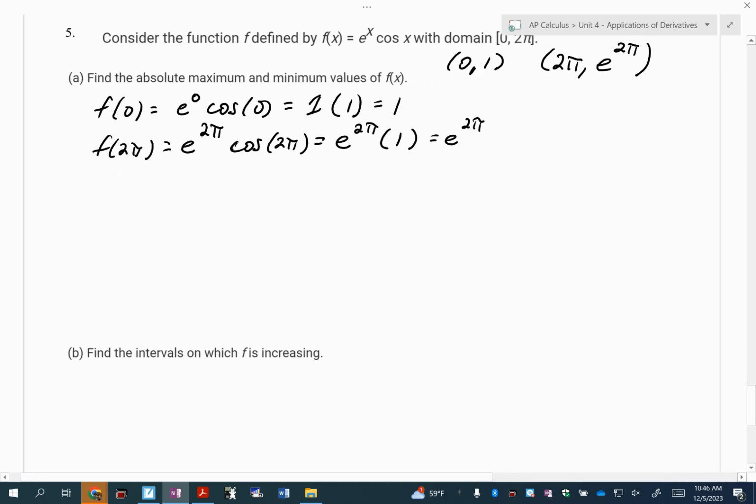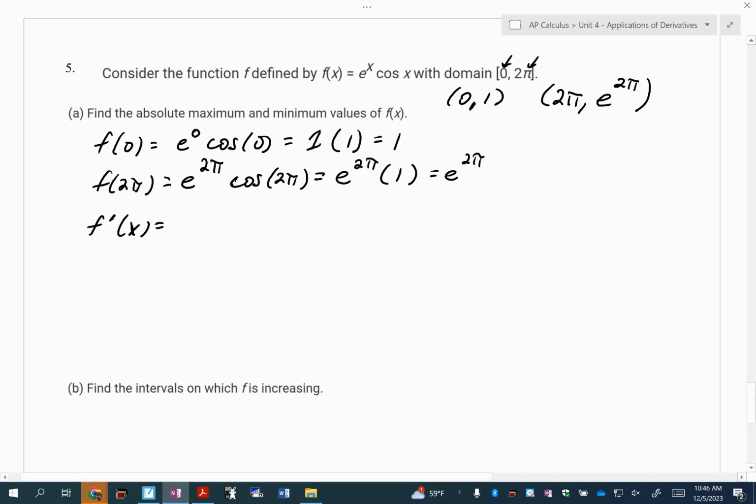Now to find the other values I might plug in, I need to take the derivative. Whatever I find, I figure out what makes that derivative equal to 0 or undefined, and that would give me my critical points, to then see if I'm going to use those to plug into this original function. The derivative of this, I'm going to use the product rule.